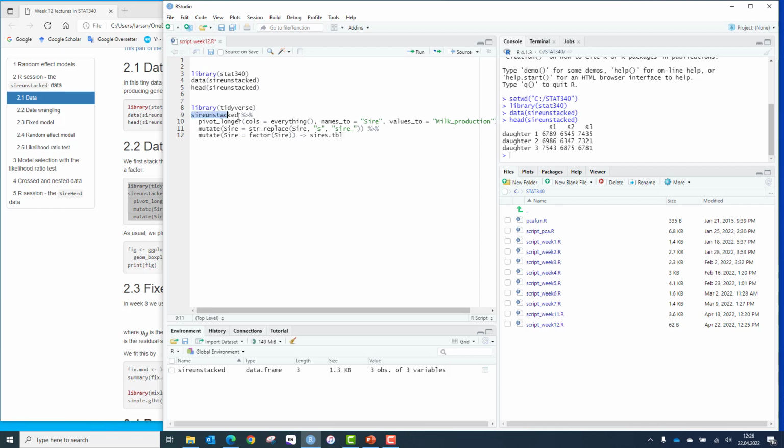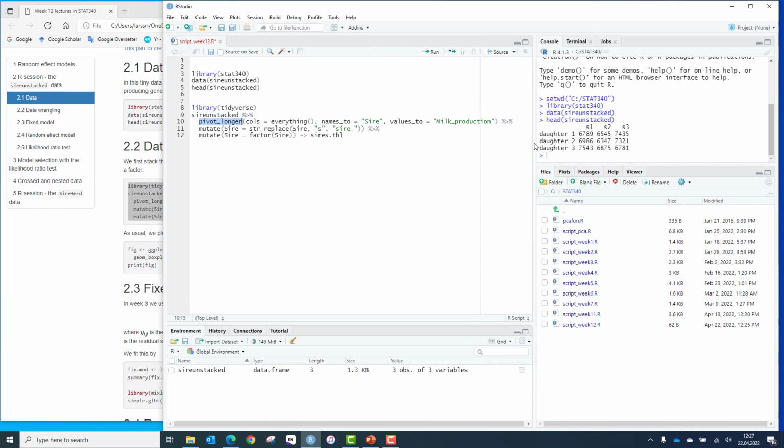So I take the table and use this pivot_longer function. You should really learn how to use this one because it's very convenient. We put the names of the original table into a new column called sire, and we put the values into a new column called milk production. Then I make sure that it's sire instead of just S. That's just for my own convenience; I didn't really have to do this.